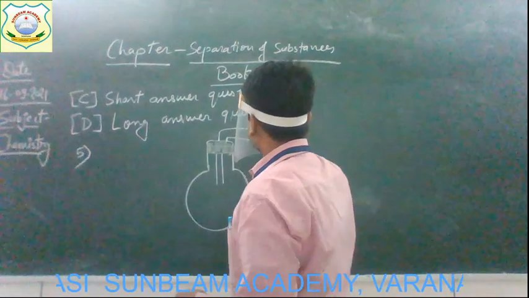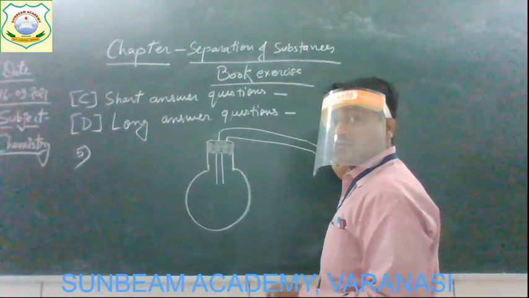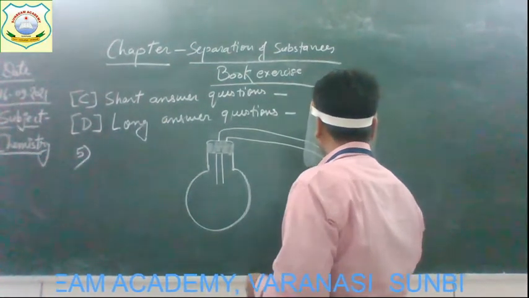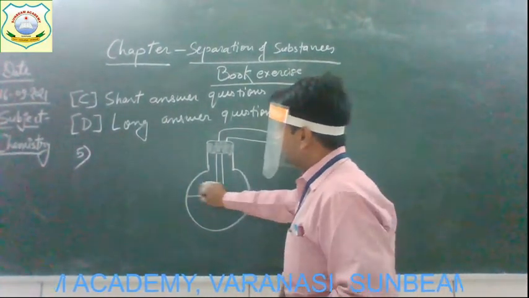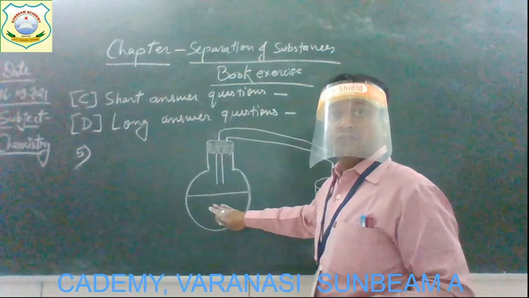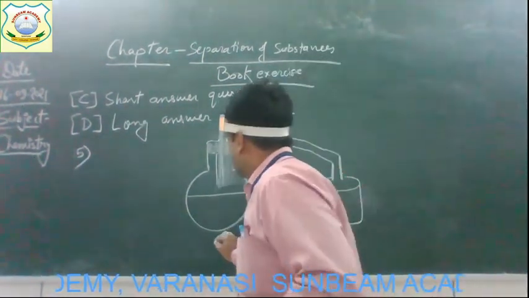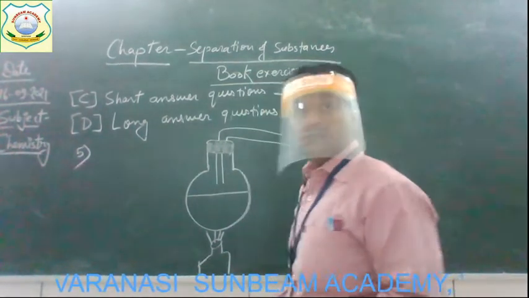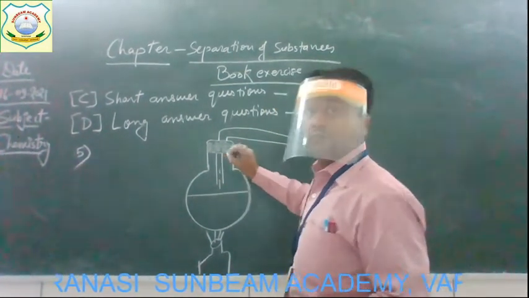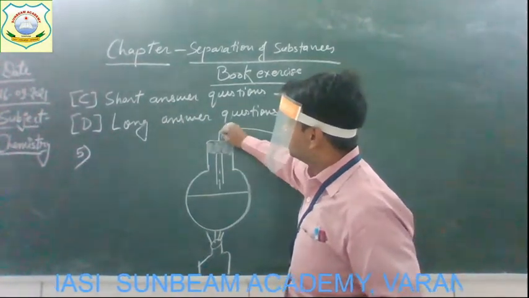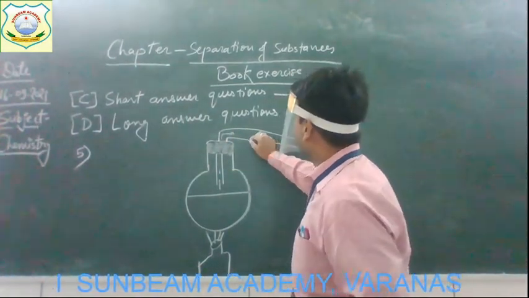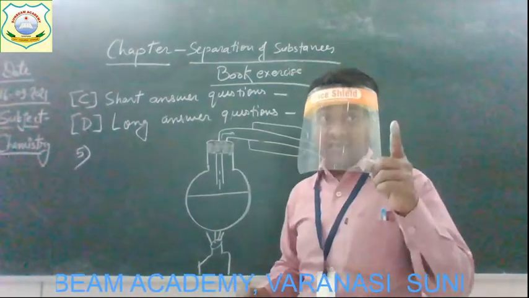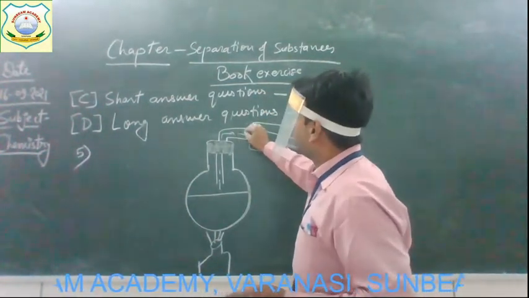This pipe goes to another beaker, and the water which has impurities gets heated. The vapors will come and go through this pipe. This pipe has a condenser, a Liebig condenser, so that the vapors get cooled.